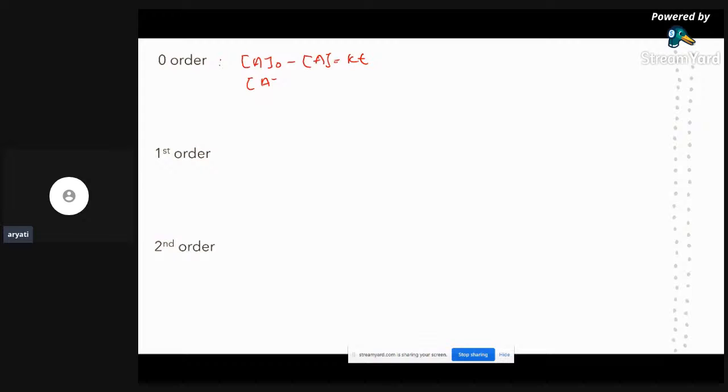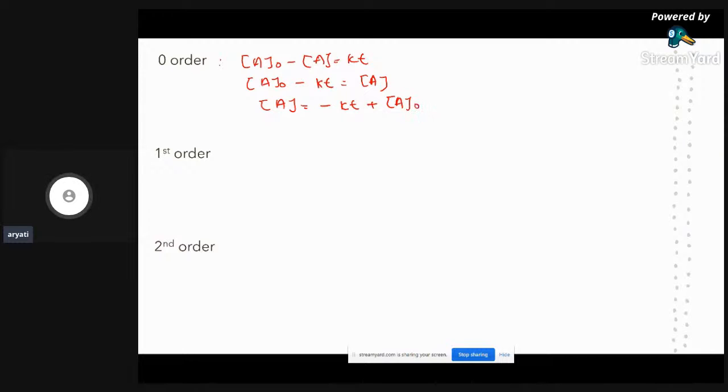So A naught minus kt equal to A. If we make A the subject, A equal to negative kt plus A naught.